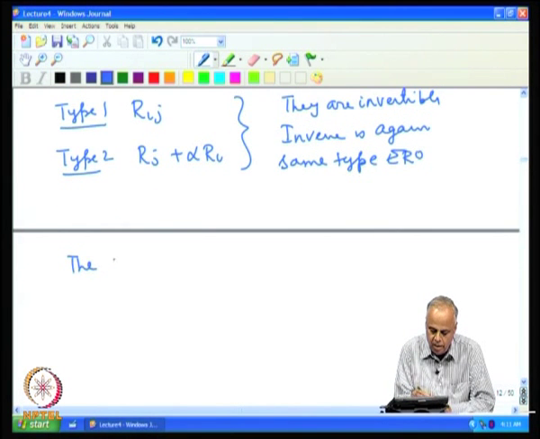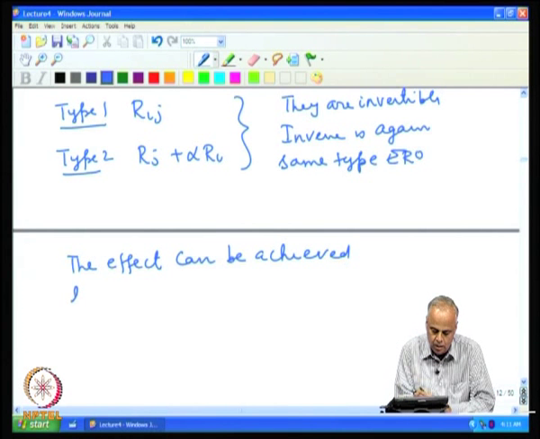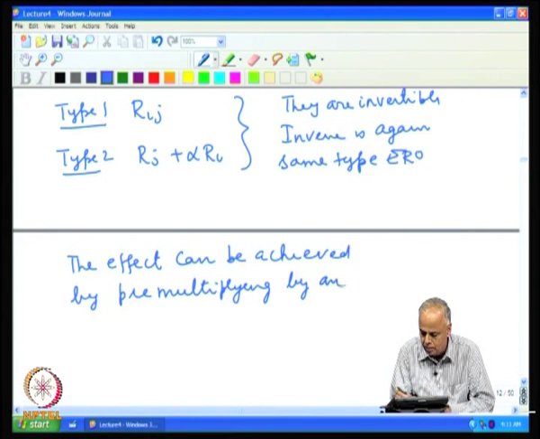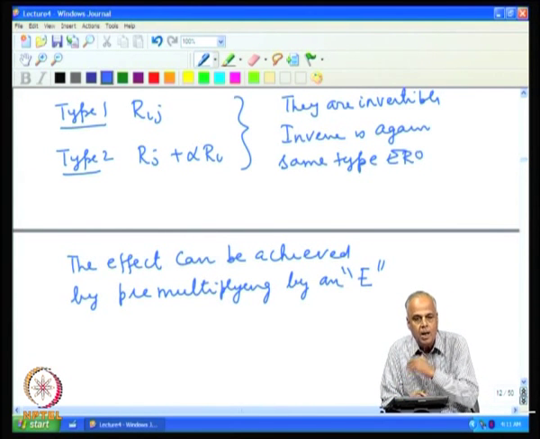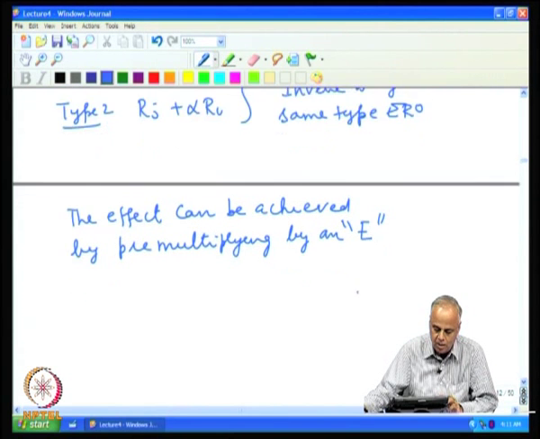The effect can be achieved by pre-multiplying. We will simply write by an E. We understand what we mean by an E. The E means on the identity matrix apply the same type of ERO.